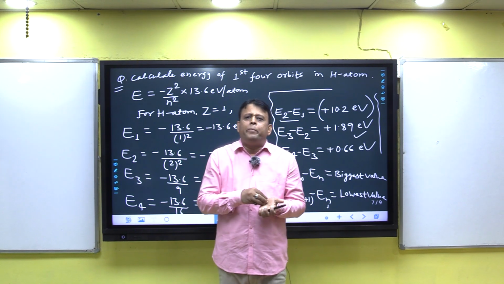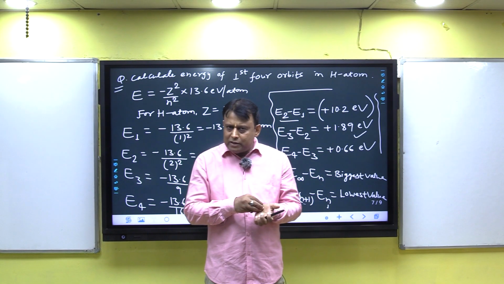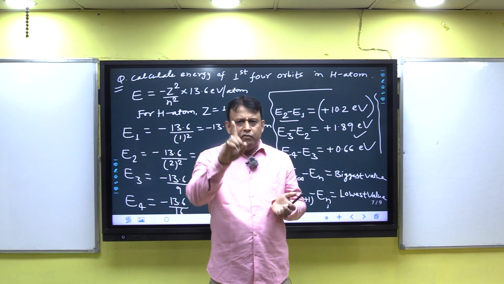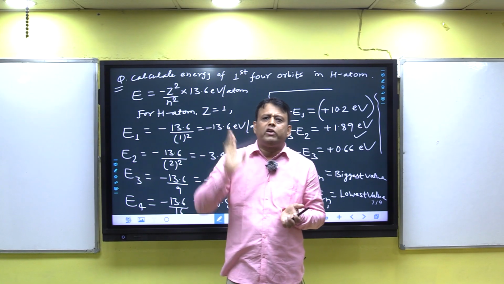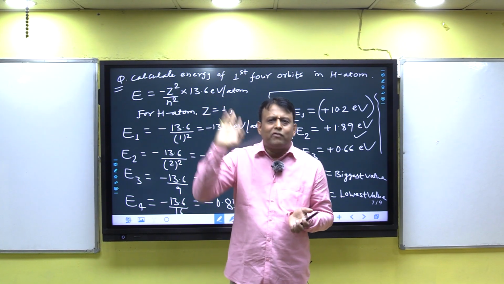Again, when the value of energy change is highest, always keep in mind, delta E will be highest, frequency will be highest, because E is proportional to frequency and delta E is proportional to frequency.